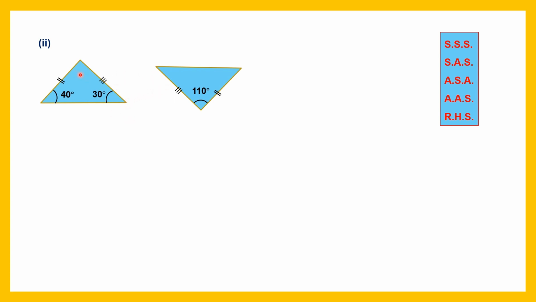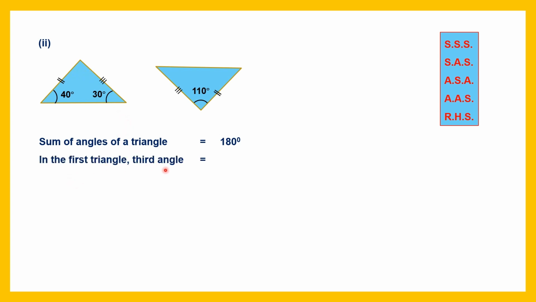Now how do we find the measurement of the third angle? Here we can use the property which says the sum of angles of a triangle is 180 degrees. We have learned this earlier, isn't it? The third angle is found when you add up these two and subtract from 180.